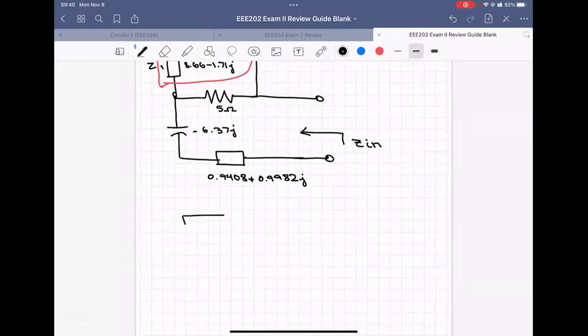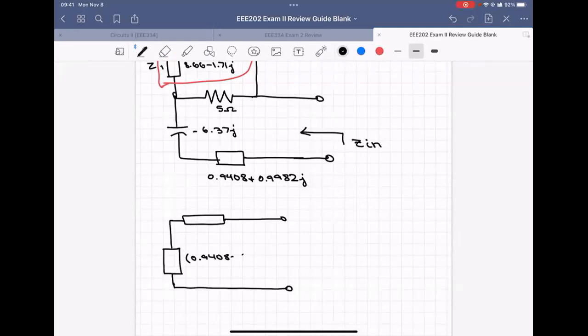We'd end up with 2 impedances at the end, which would give us 0.9408 minus 5.36 J and 3.181 minus 0.144 J. And then those would be in series.